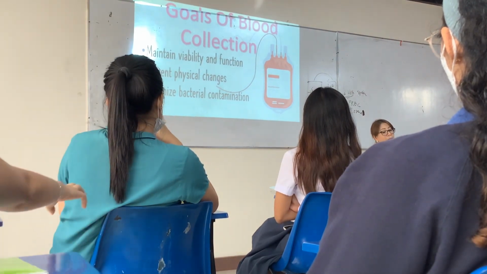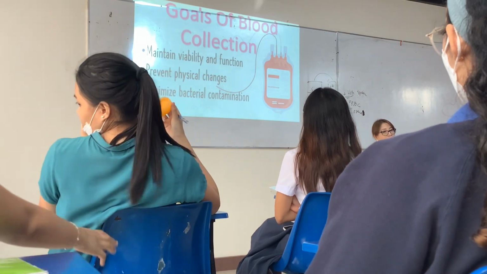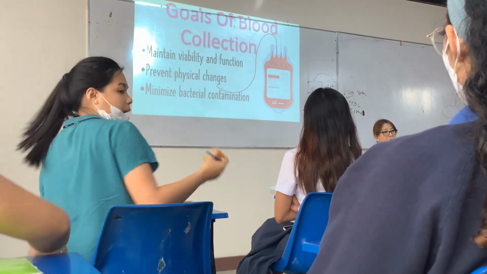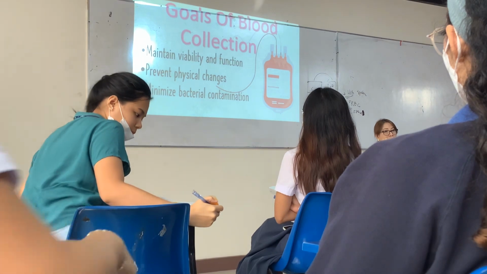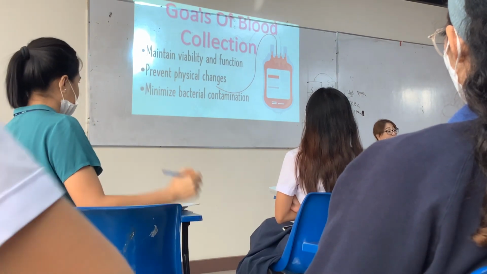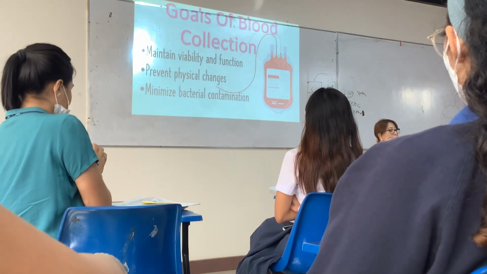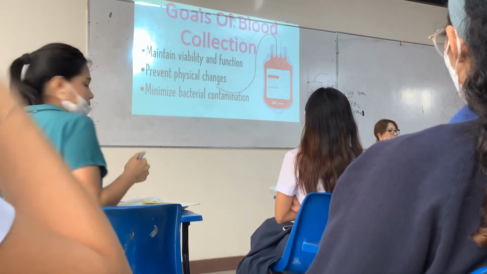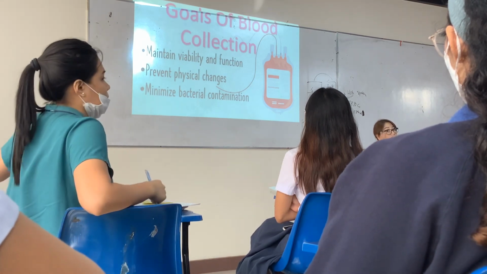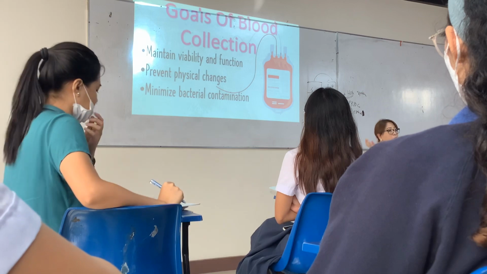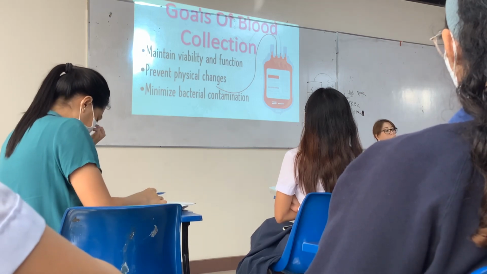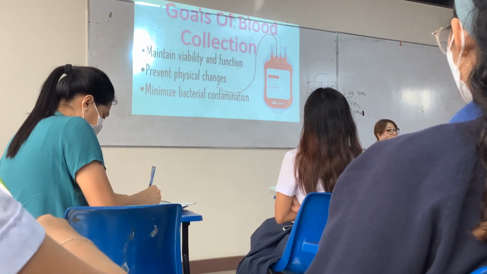Next is minimize bacterial contamination. Okay, next is minimizing bacterial contamination. So we can actually prevent bacterial contamination if we are going to do the proper storage procedure for each blood component. So each blood component have their own standard storage temperature.